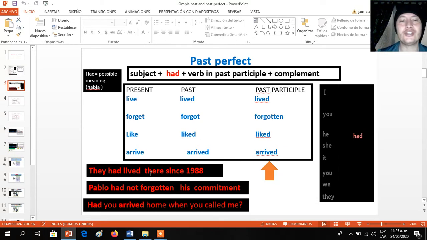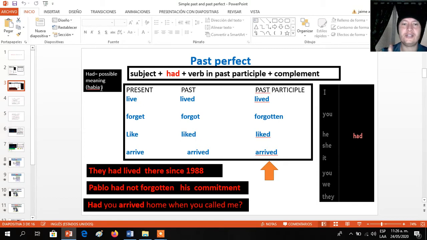Next, pay attention to the sentence and the structure. But one thing to understand about the past perfect in Spanish: the auxiliary doesn't have a translation, but the possible meaning is había. Okay, the past perfect has a particularity.